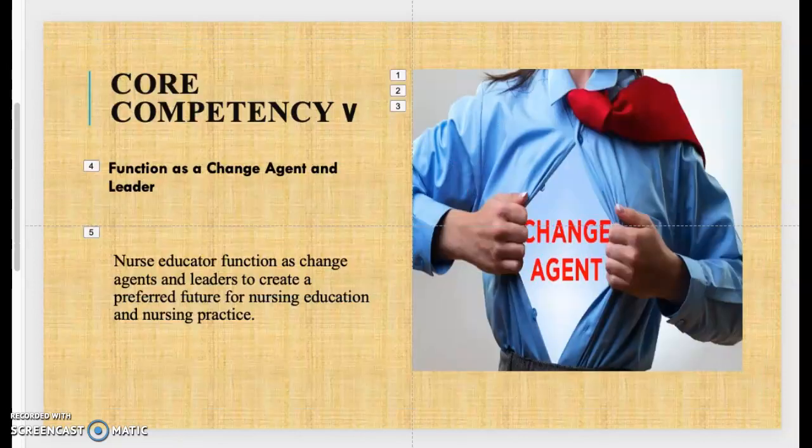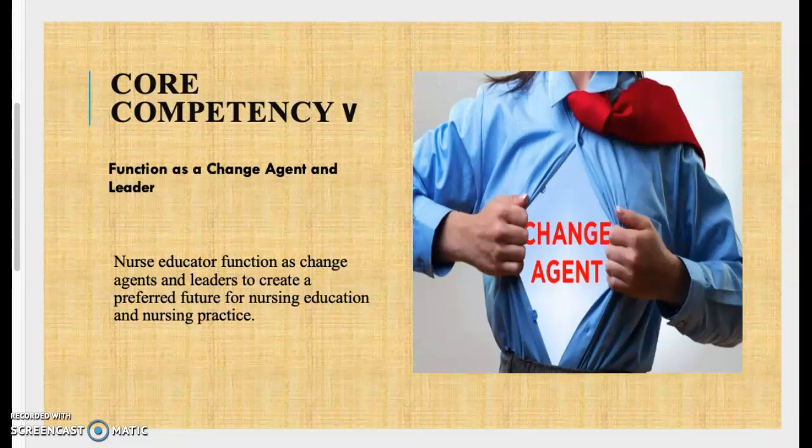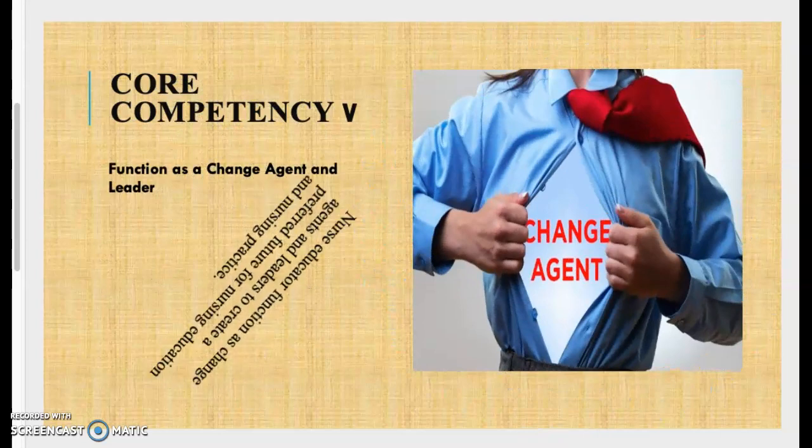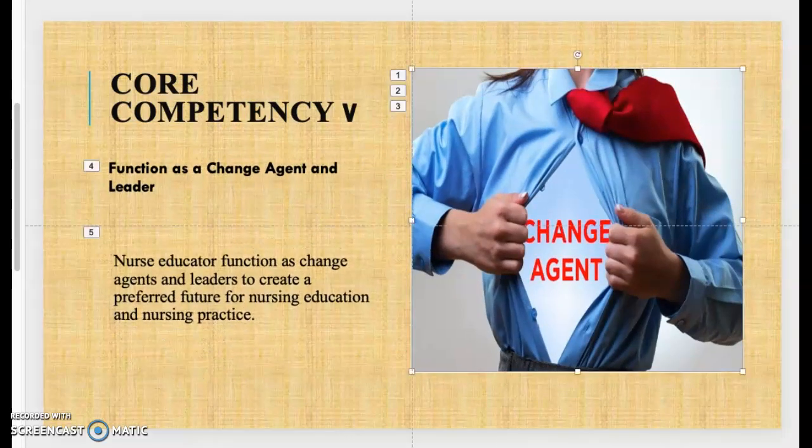So, core competency 5, function as a change agent and leader. So nurse educators function as change agents and leaders to create a preferred future for nursing education and nursing practice. So what do we mean by change agent? A change agent is a person that identifies a deficit or identifies the changes needed within a certain organization.